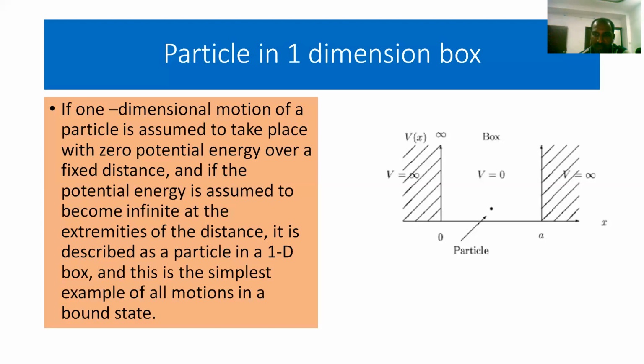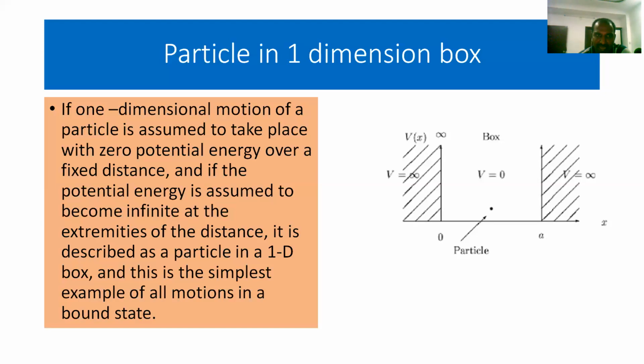Therefore, always, because of these infinitely high walls and by assuming constant potential because of those elastic collisions, the particle is always present inside the potential box. Finally, the probability of finding the particle outside the box is always 0.